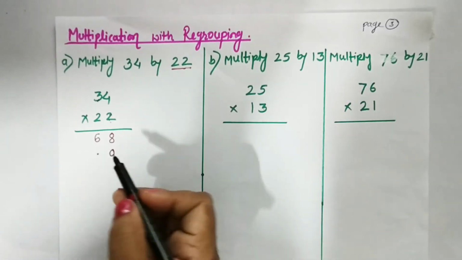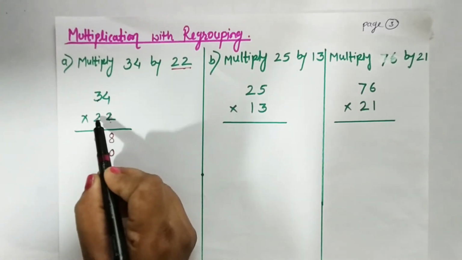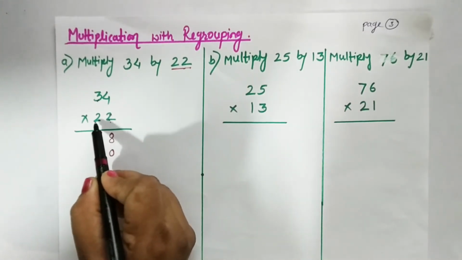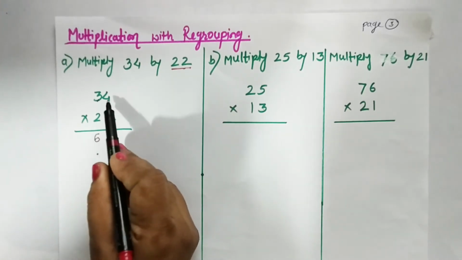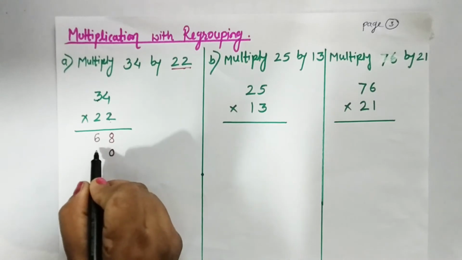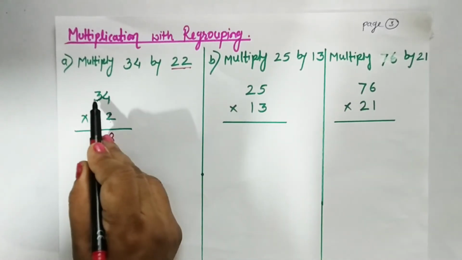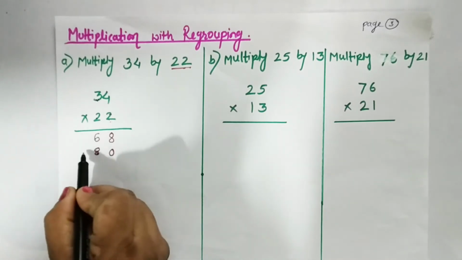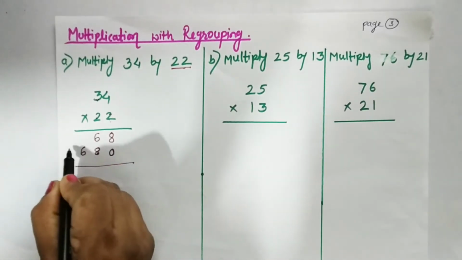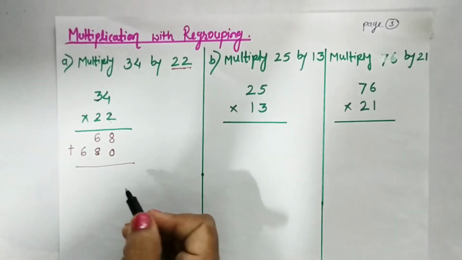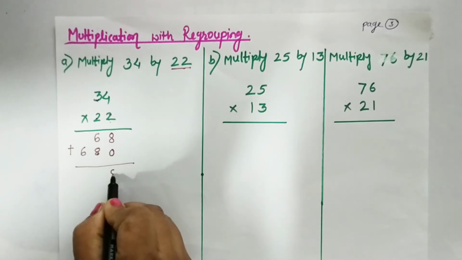Now let's start. 2 into 4, 2 fours are 8. Now 2 into 3, 6, right? And give a plus sign.